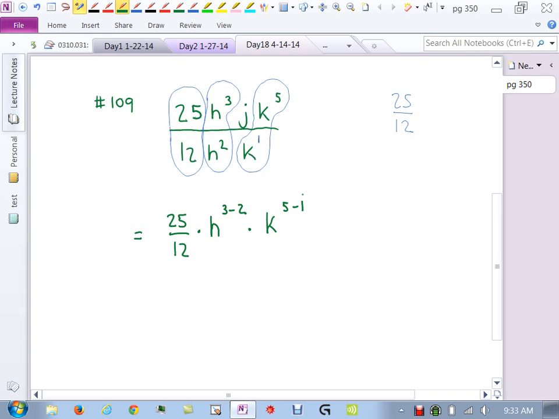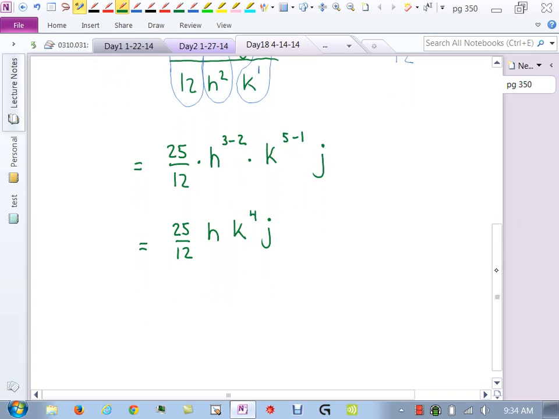The k, I take the 5, I subtract 1. What am I still missing here? The j, right? So I can put the j here on the end. Now, when I do 3 minus 2, what do I get? Just 1, right? So that's just an h. 5 minus 1, I get 4, and then I get j, right?